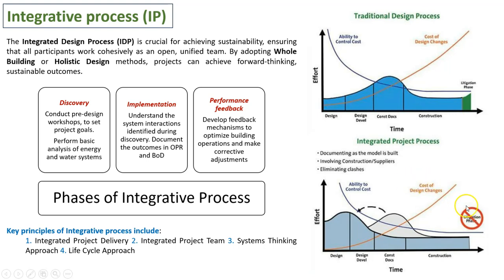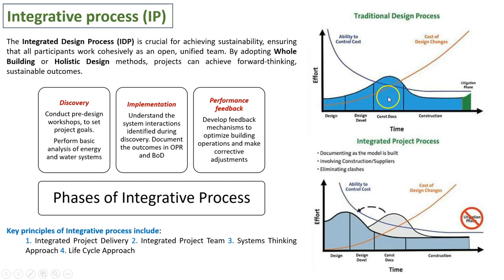Sorry, it's not a utilization phase, I said it's a litigation phase. So there is no litigation. That's what they are saying. Over the traditional design process, prefer the integrated project process, so that the effort you put in will be maximum in the beginning, and during the further stages it would be evenly distributed.